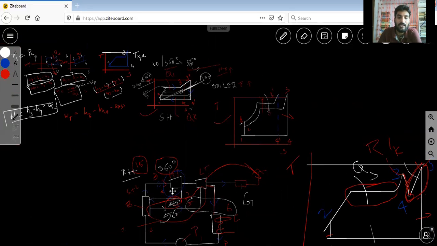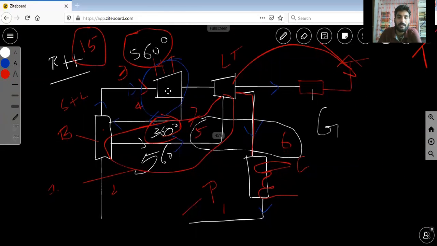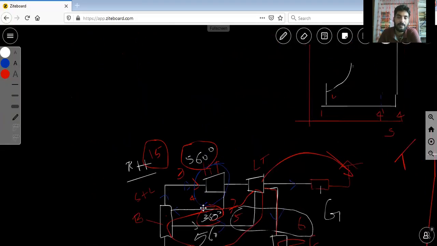This is the reheating method: high pressure turbine, low pressure turbine, generator, steam generator, boiler, condenser and pump. After the turbine work, the steam is again connected to the steam generator. In the reheating process, the temperature is increased, and that high pressure, high temperature steam enters the low pressure turbine.